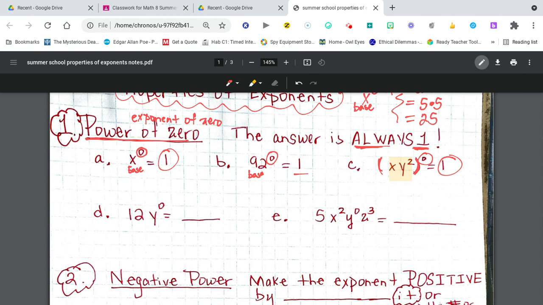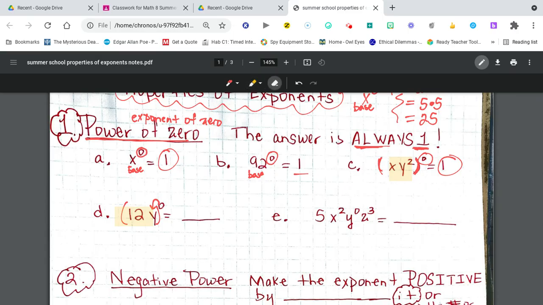All right, but let's take a look at D. D is a little different. The only thing that's raised to the exponent of 0 is the y. Your exponent only applies to what is directly to the left of it, which is the y, unless it's inside of parentheses. Now, had all of this been in parentheses, then that 0 would have applied to the whole thing.